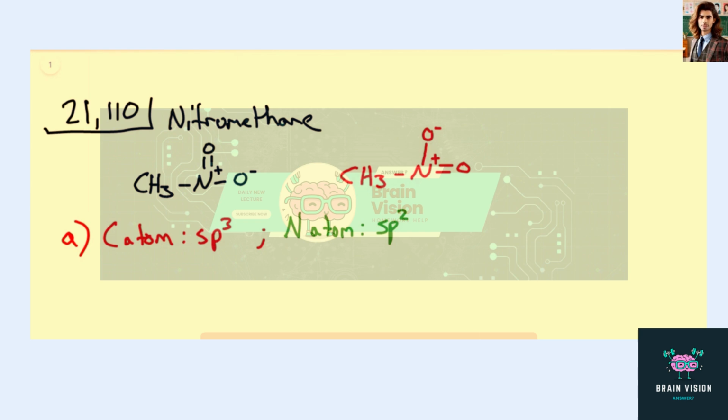Then we also have a single bonded oxygen, which is only bound to one atom, but if we were to draw in the lone pairs, we would see that there are 4 areas of electron density, so it's also sp3 hybridized. And then finally, we have a double bonded oxygen. If we drew in the lone pairs, we'll see that we have 3 areas, so it's also sp2.